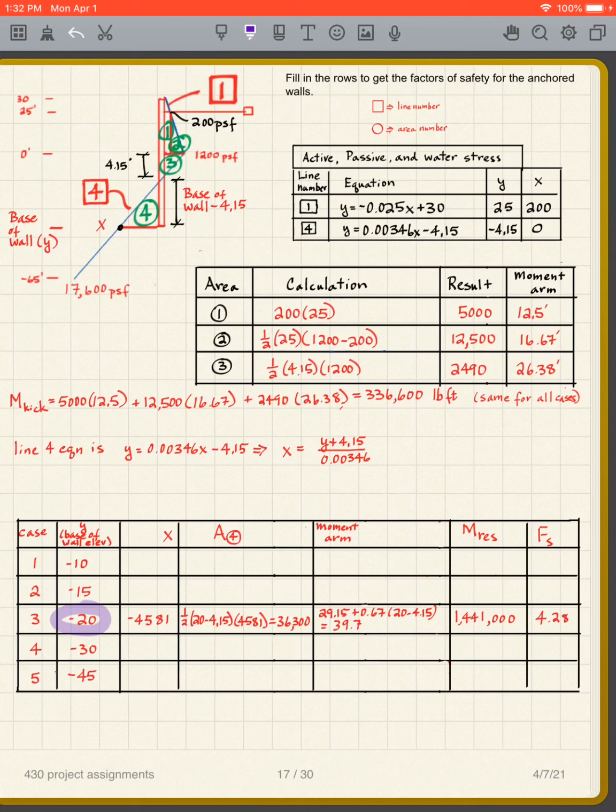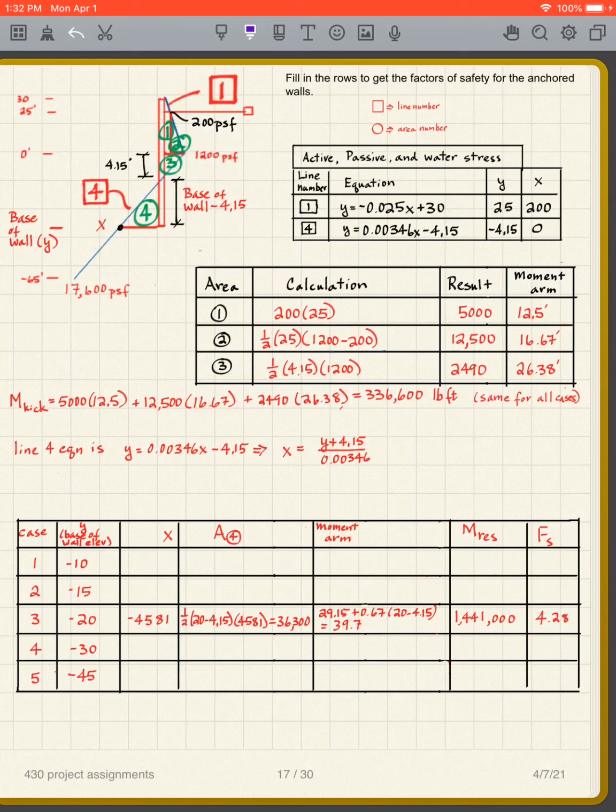So for this particular case, we're at negative 20. That's my y. Remember my coordinate system again. The origin of the coordinate system is here. So my y is going to be negative 20 to get the base of the wall.